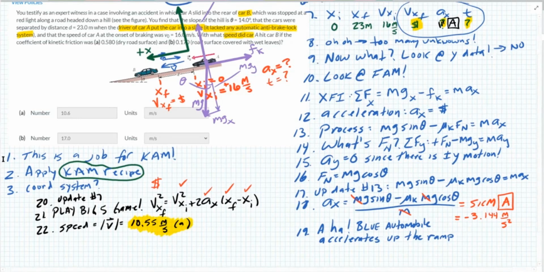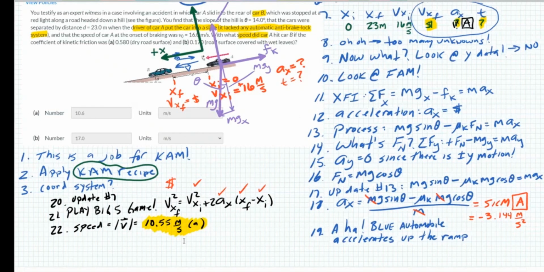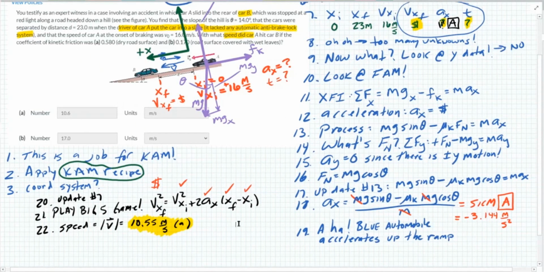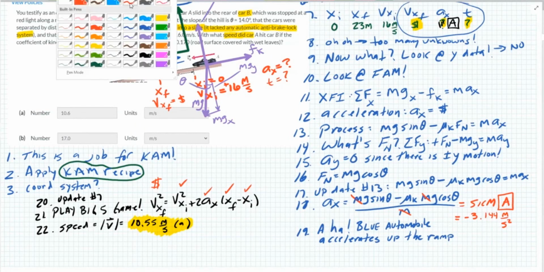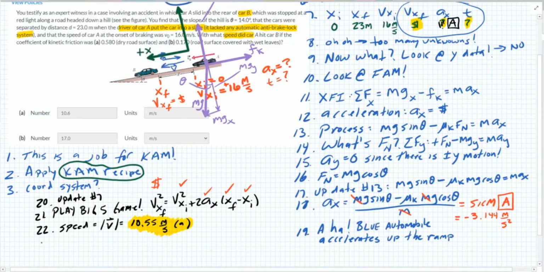Now, let me do a time check here. It's now 3:24. Here's what you guys can do for part B. Part B is identical to part A, except there's wet leaves on the pavement. So things are slipperier.